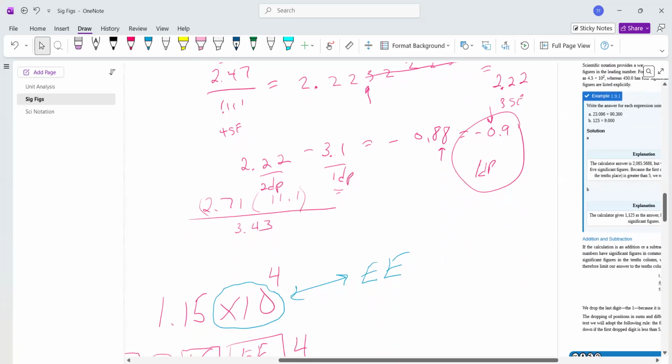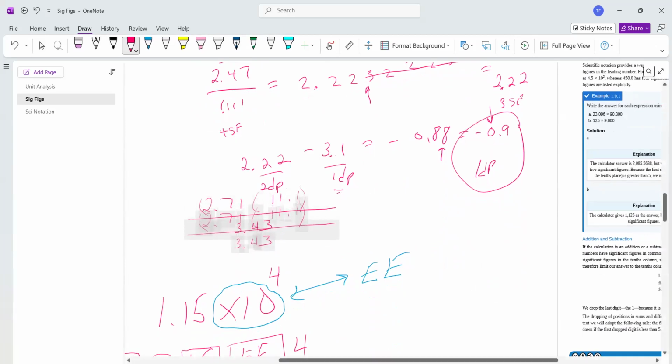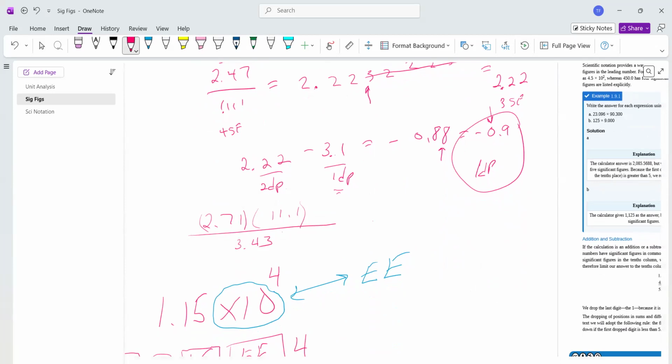All right. Now let's look at this guy here. Okay, so we've got a combined multiplication and division here.